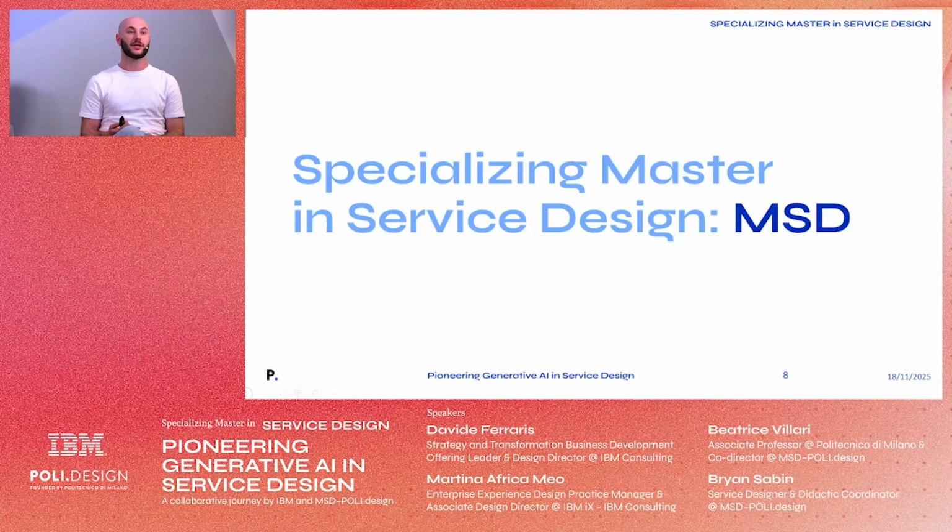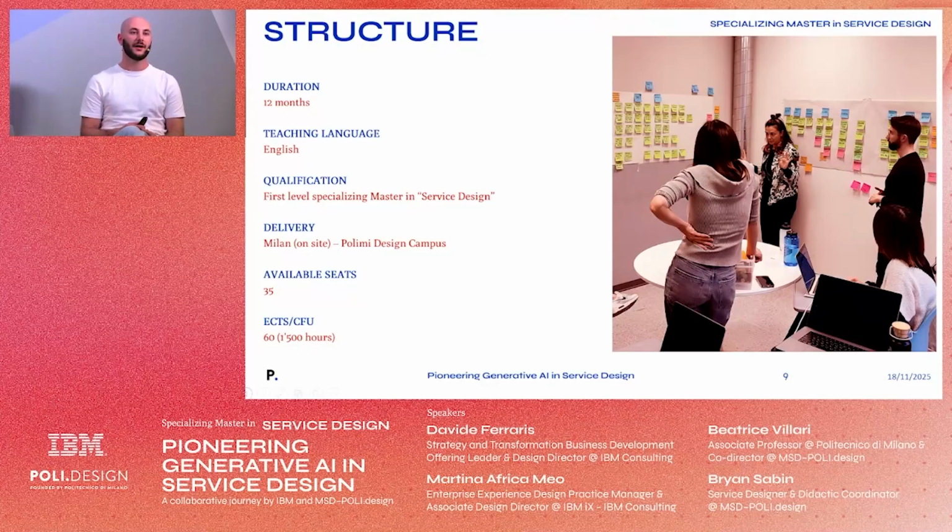Specifically, the Specializing Master in Service Design, or MSD, is one of the teaching programs held and promoted by POLI.design and is a 12-month program entirely taught in English and entirely taught in presence here in POLI.design facilities, within the Politecnico di Milano Design Campus in Bovisa. It is a first-level master that guarantees participants a first-level specializing master degree in service design and grants 60 CFU, or international ECTS, university credits.